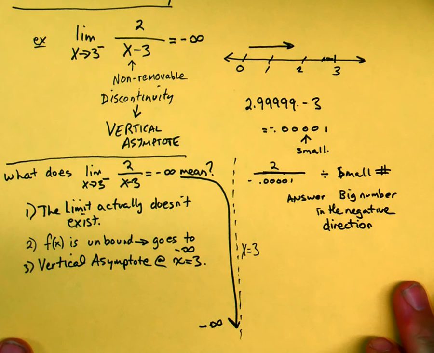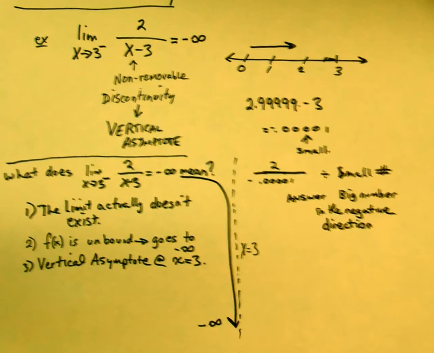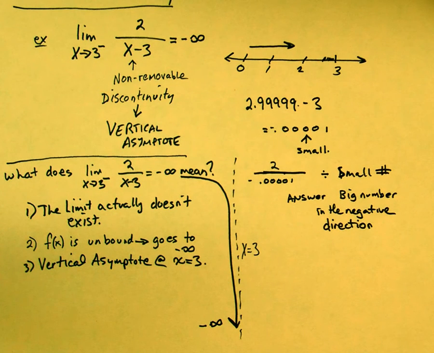Now, you're going to get different rational situations, and we want to make sure whether or not our function is going to infinity or negative infinity, and things of that nature.